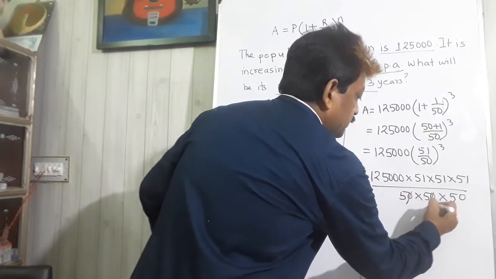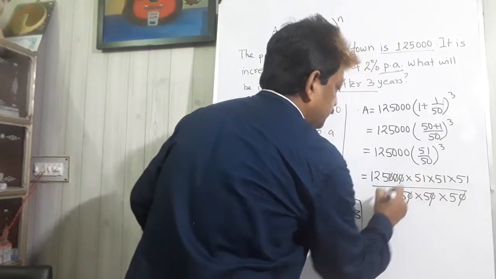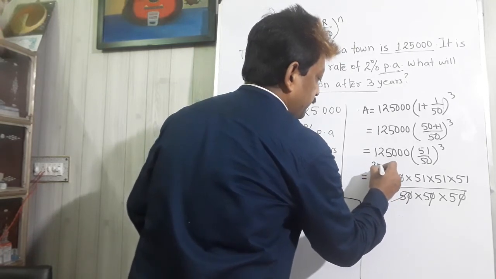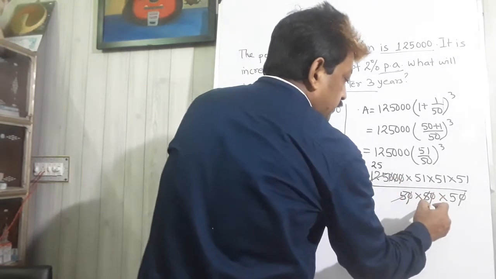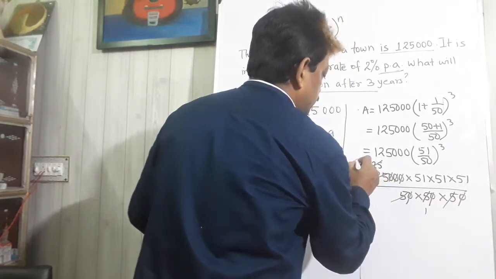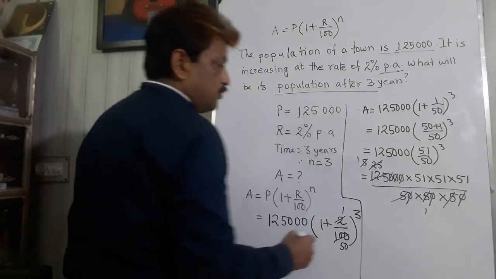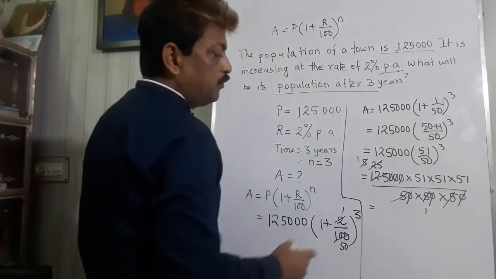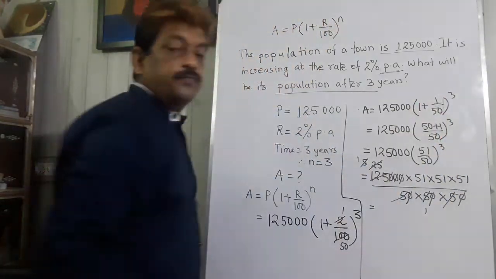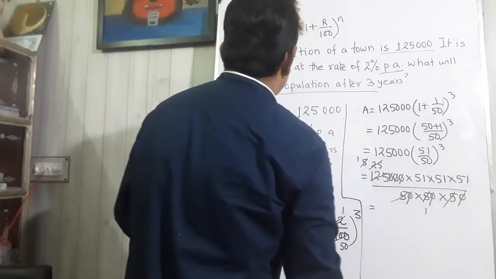So cancel all the zeros. 5 cancelled. 125 is 25. Then 5 also divides 25, is 5. And the last one is also divisible. So we have to multiply 51 3 times. Okay. So let us do the calculation.